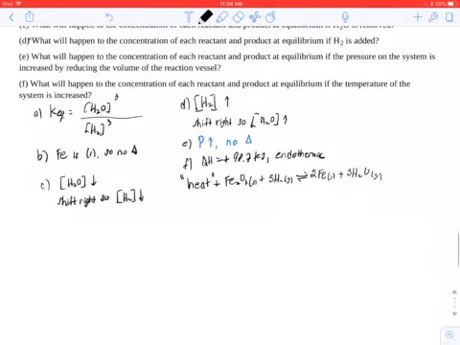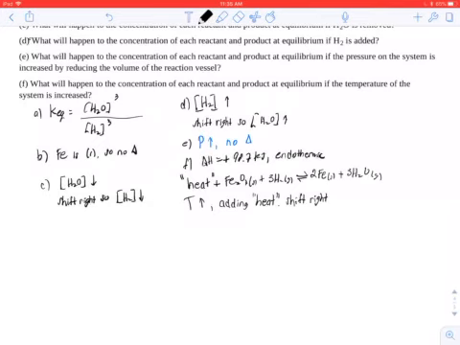So what will happen to the concentration of everything if the temperature is increased? So if we increase temperature, that's the same thing as adding heat. Which means this reaction shifts right, sorry about that, shifts right. Shift away from the increase.